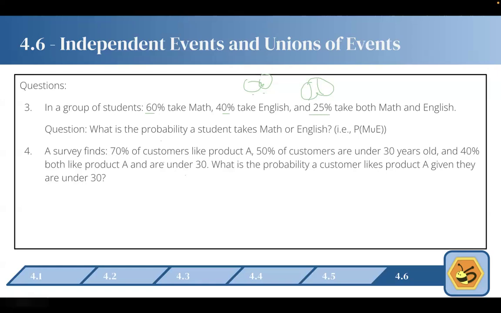Yeah, so let's go over it. What we have is 50% are under 30, 70% like the product, 40% are both, right?